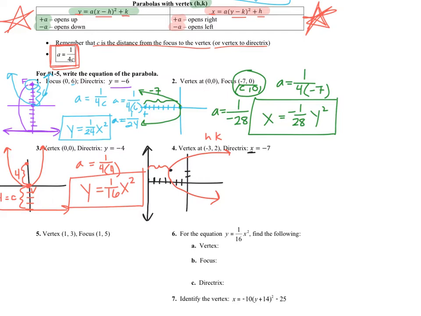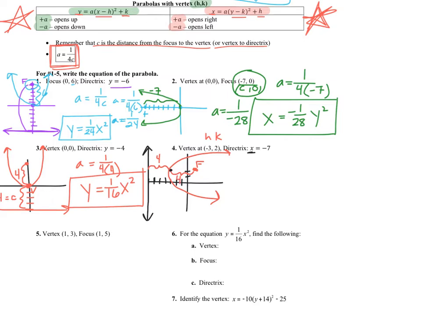That distance, we were at -3 and we went to -7, so that's a distance of 4. So that's my C value. I would go 4 units this way to get to my focus, if that helps you to think of it that way. So a distance of 4.